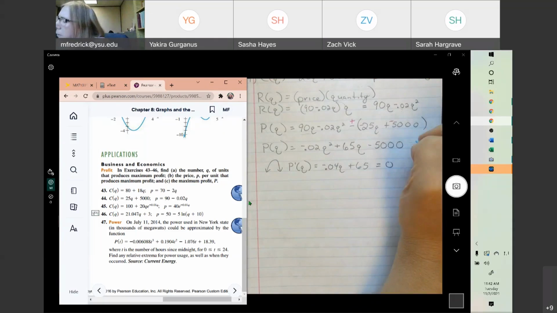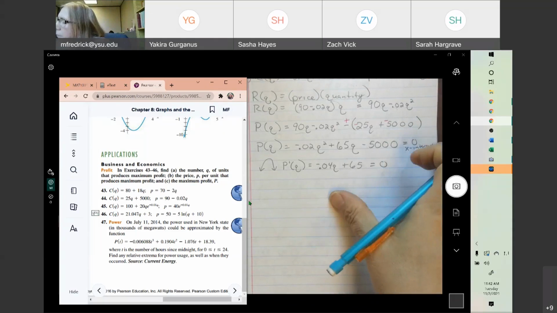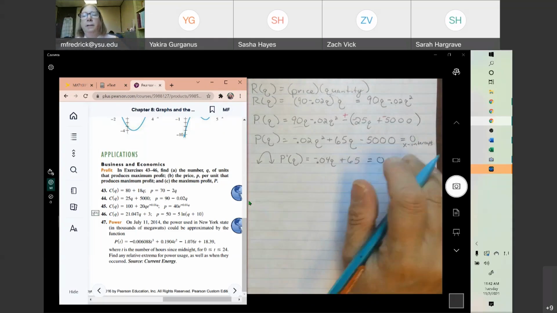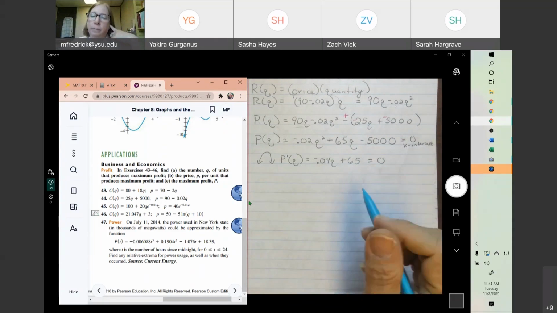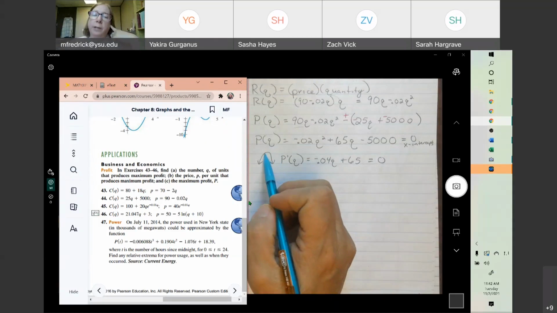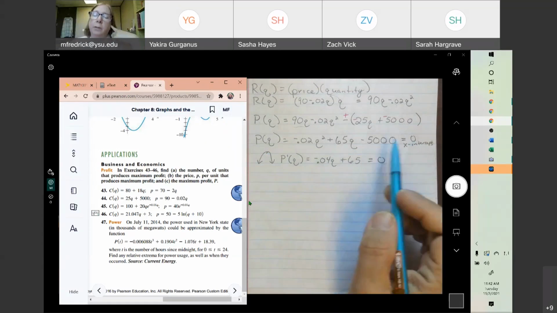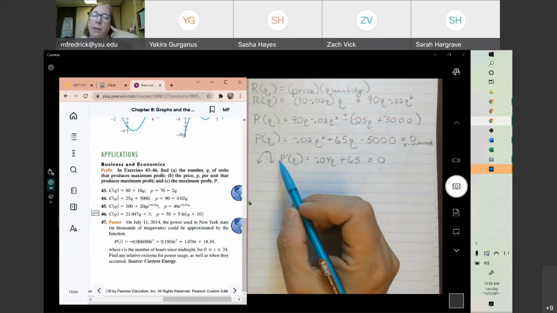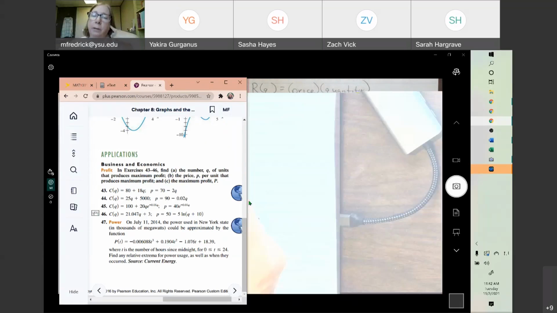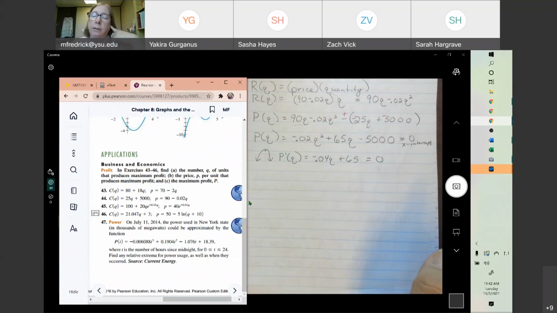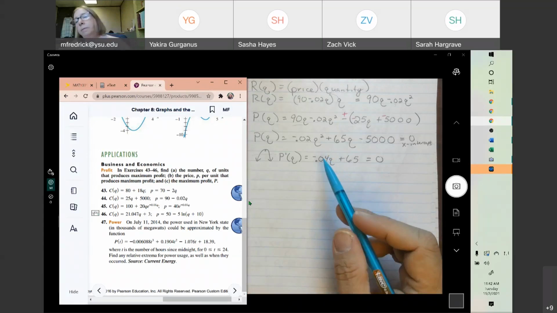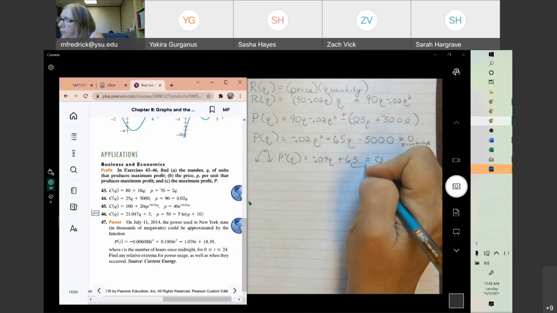That would give us our x-intercepts. I was graphing in my other class and I forgot. We don't need to graph it. We just have to find the vertex. So setting the profit equal to 0 gives you your x-intercepts. The derivative gives you the vertex. And this is a nice one to solve. Just subtract the 65 over.